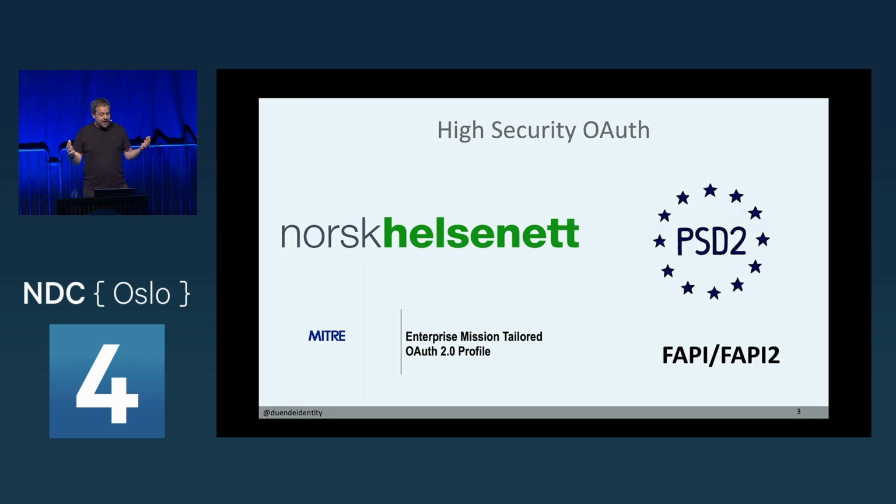There's the healthcare sector. I did a lot of work with the Norwegian healthcare system. And there are other scenarios. They needed a little bit more security than what was specified in the original spec. And proof of possession tokens was one of the really important ones that was very hard to implement. Let's put it this way.